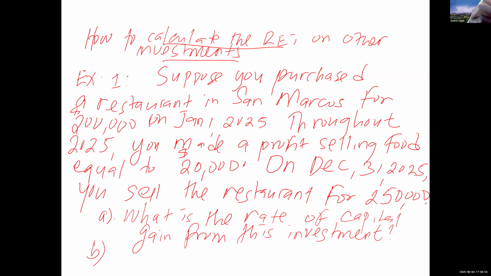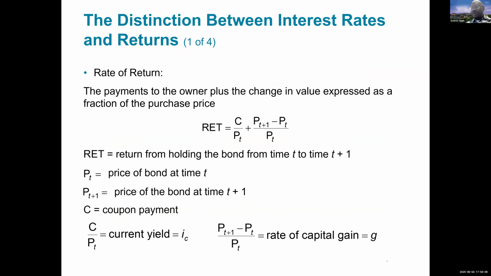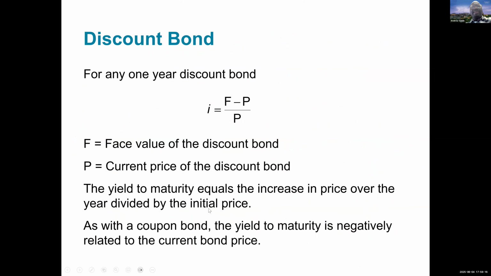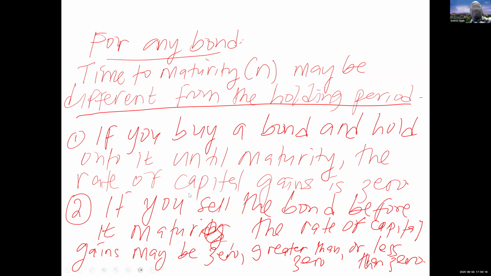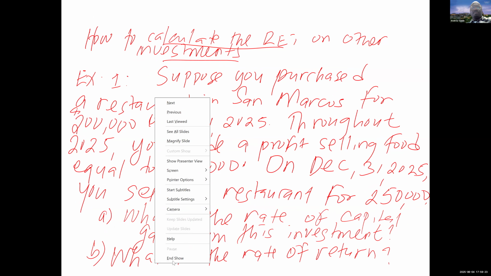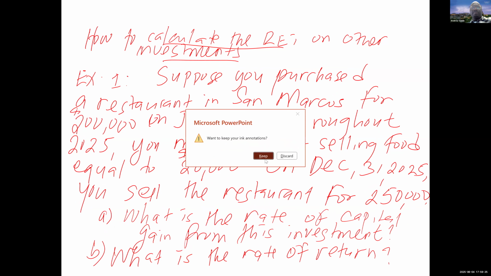Two, what is the rate of return after you sold this restaurant? See, now, here's how we go about it. Calculating a rate of return on a bond investment is not different from calculating a rate of return on any other investment, just like owning a restaurant, for example. So let's go and do it.